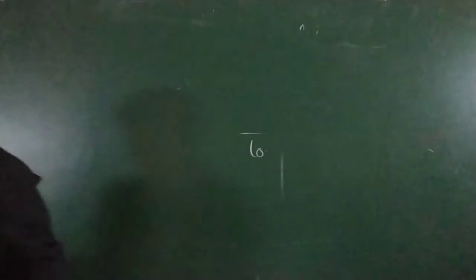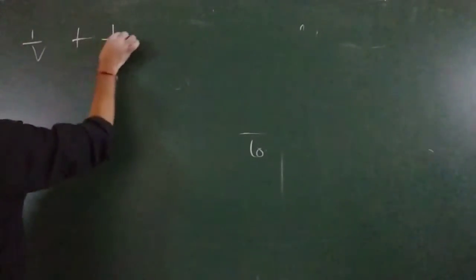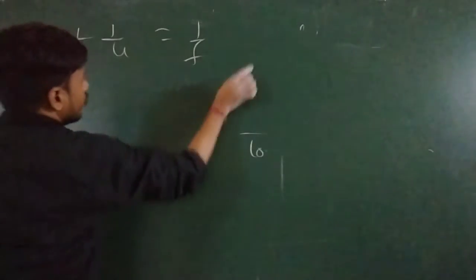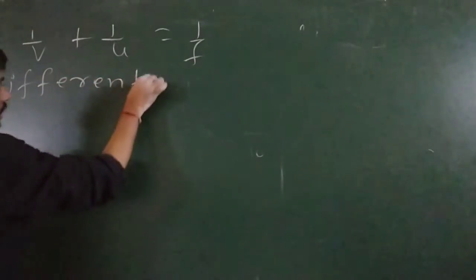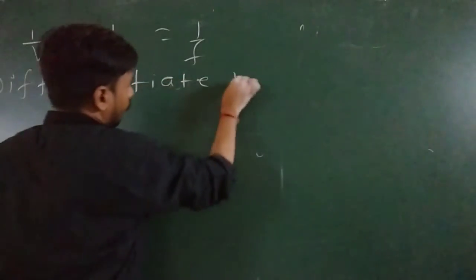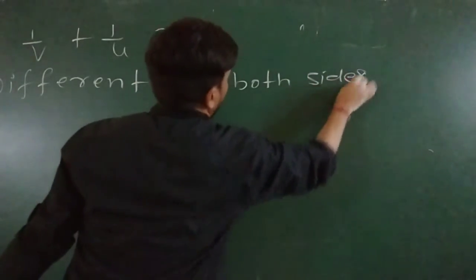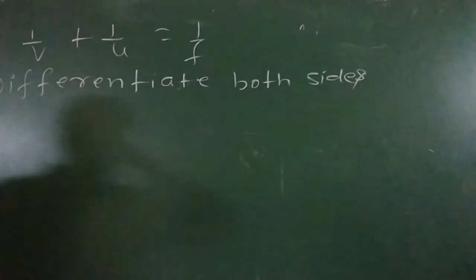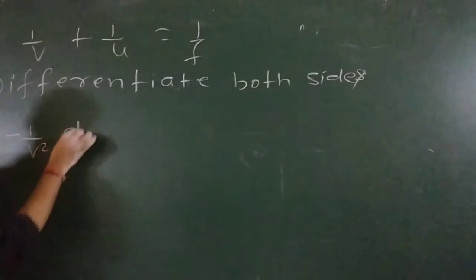See here, 1 by v plus 1 by u is equal to 1 by f. So I will request you to differentiate both sides with respect to anything. Just differentiate, this will come minus 1 by v square dv.